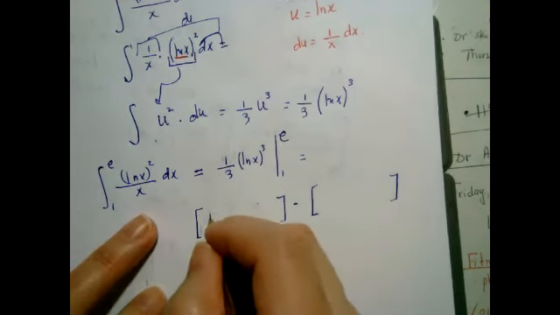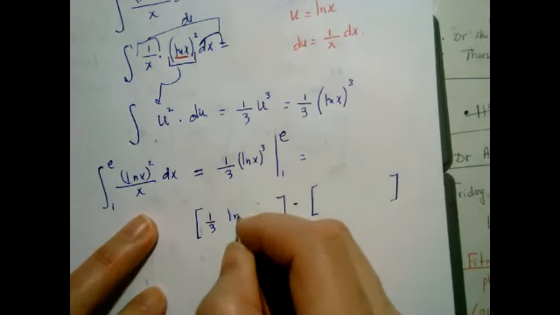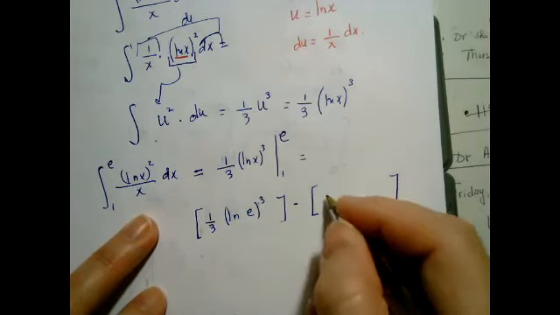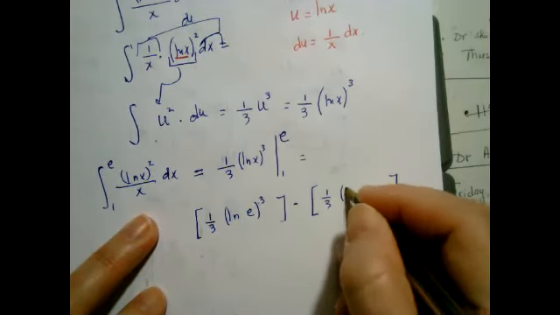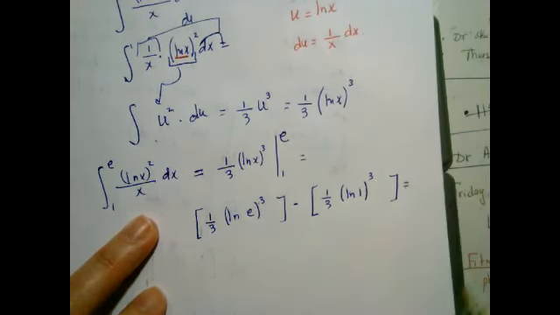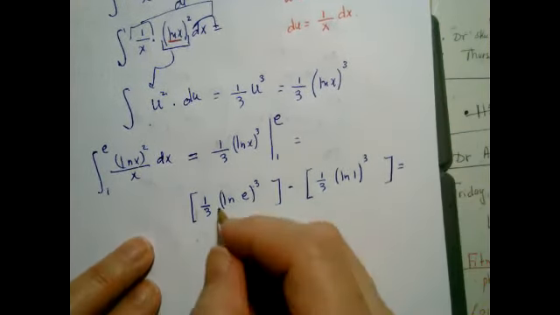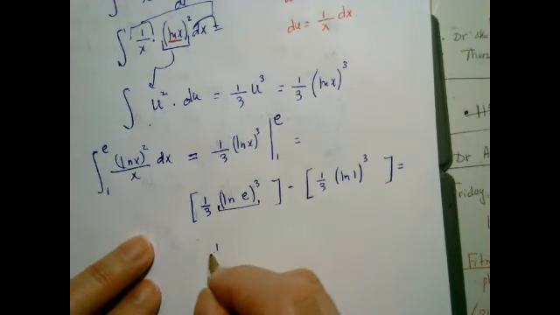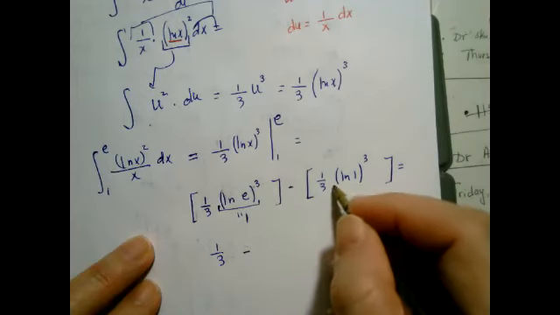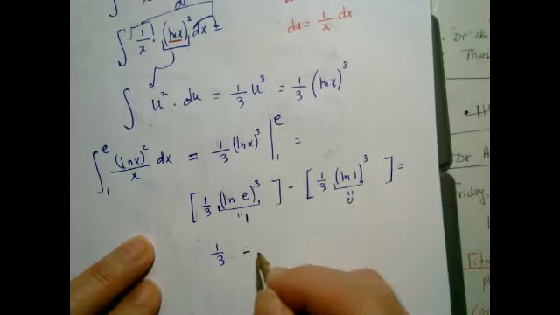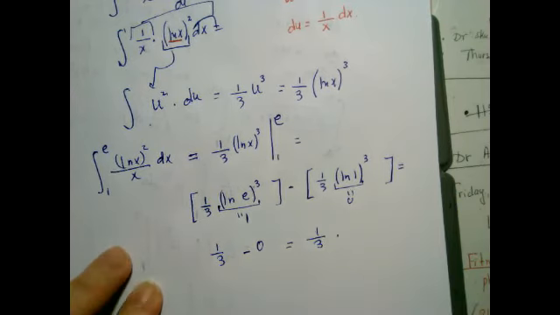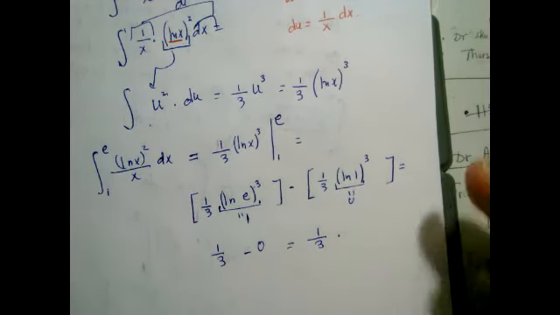Okay, it means 1/3 ln of e to the power 3 minus 1/3 ln of 1 to the power 3. And now we're done. ln of e, it's a 1. This is a 1 minus ln of 1, it's a 0. And I get 1/3. Okay, all right.